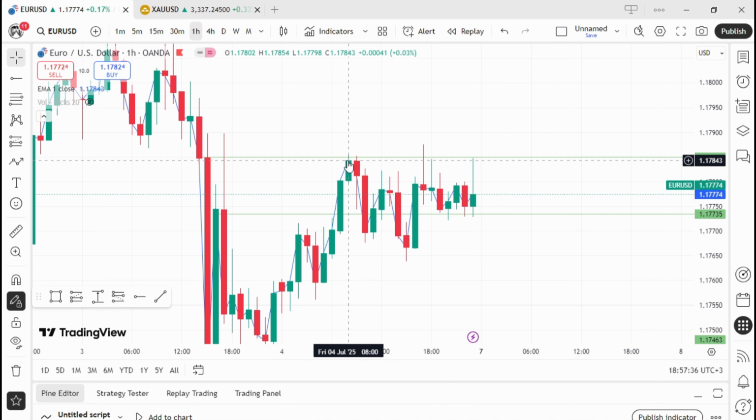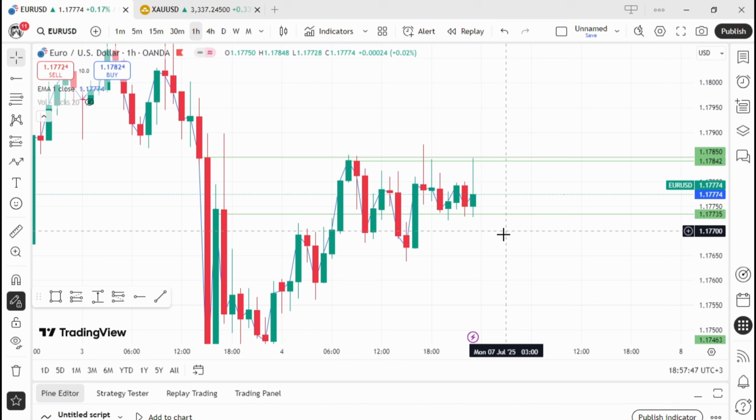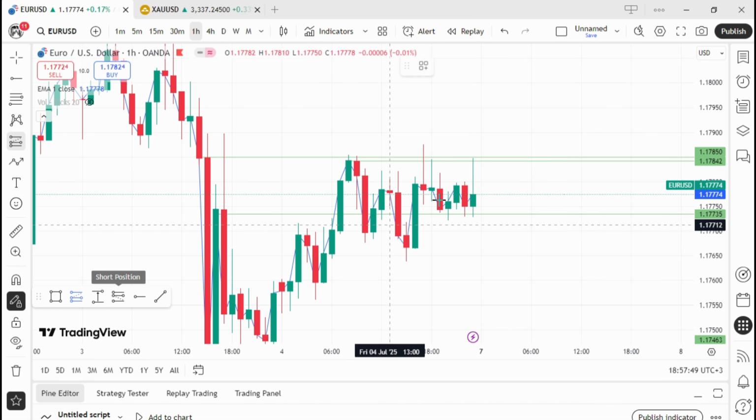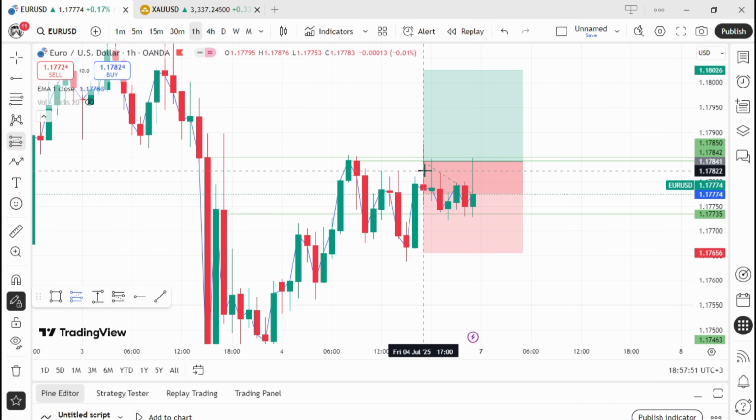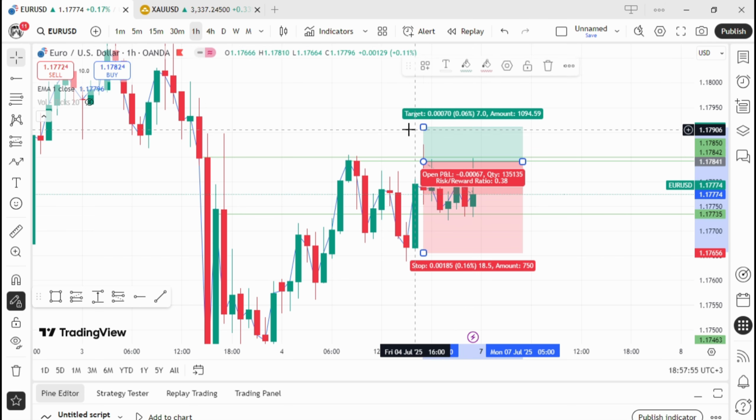This would be our trading level. And if you look to your right, we have a touch and the sales started from here. That touch, the sales are moving downwards.